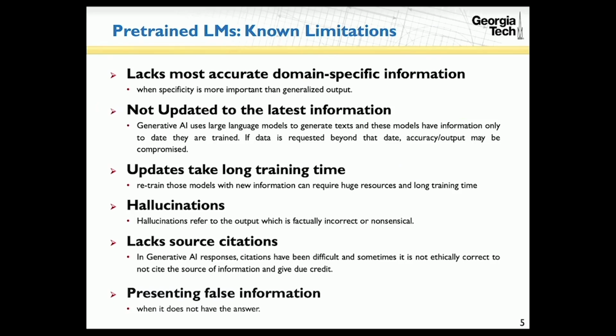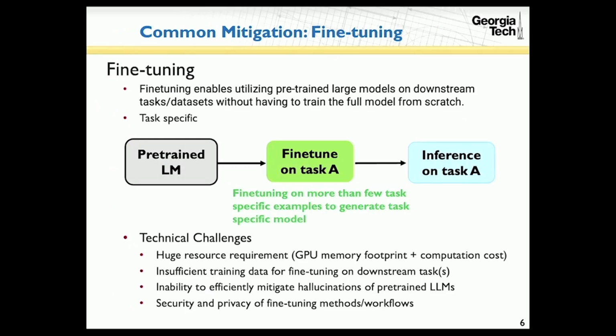And of course, retraining those large models is prohibitively expensive in terms of cost and energy. And of course, there are hallucination and explainability issues, where the model, when it cannot have an answer, presents false information. Those are all issues. Therefore, one way to mitigate such problems is through fine-tuning.